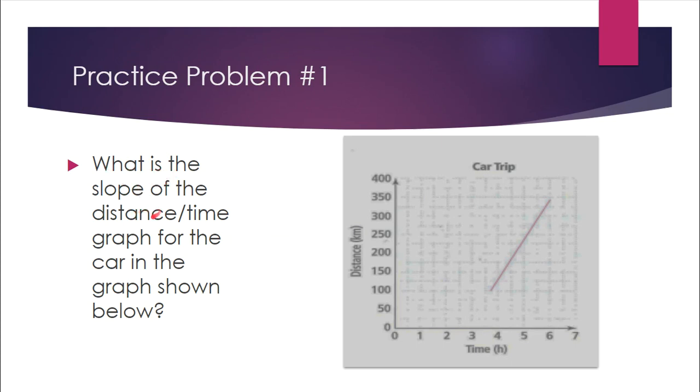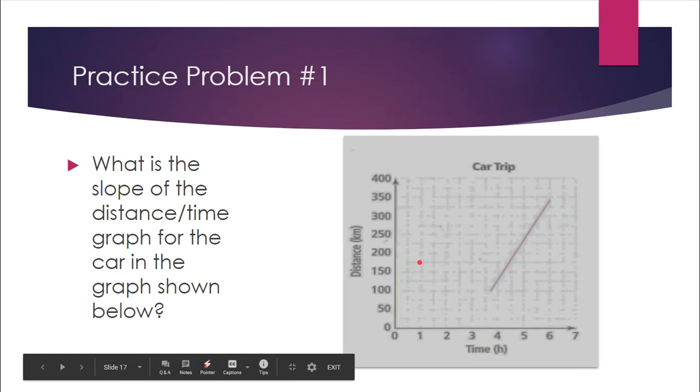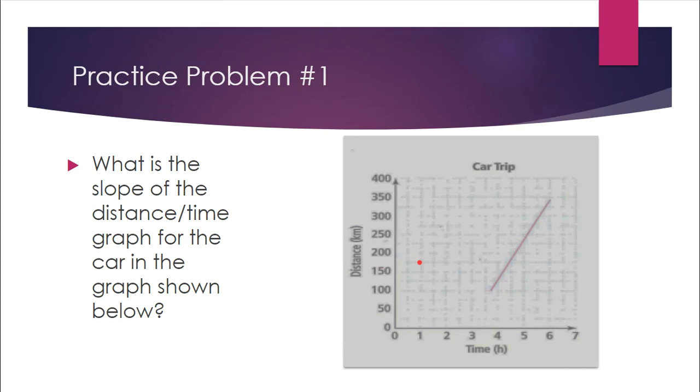What is the slope of the distance time graph for the car in the graph shown below? You're going to do this, and I'll have an explanation for you after.